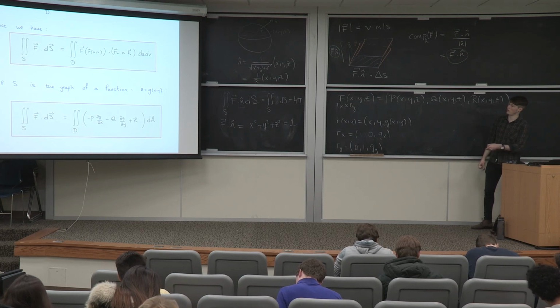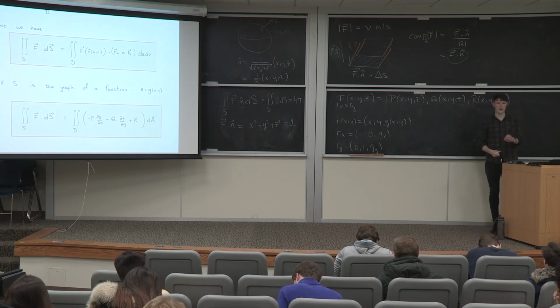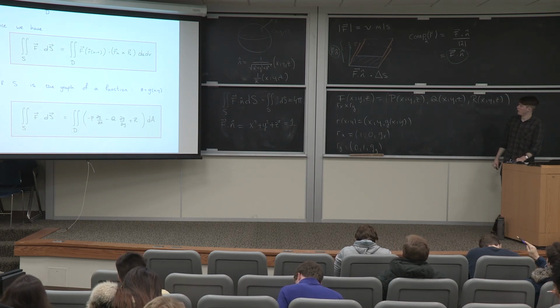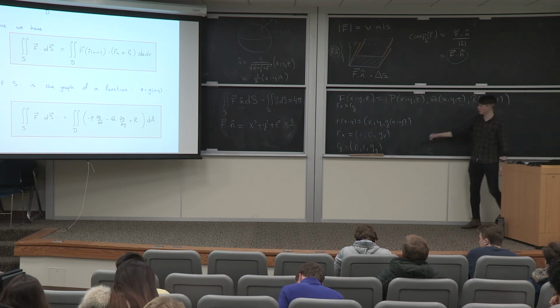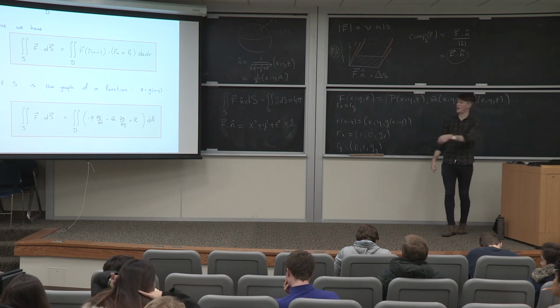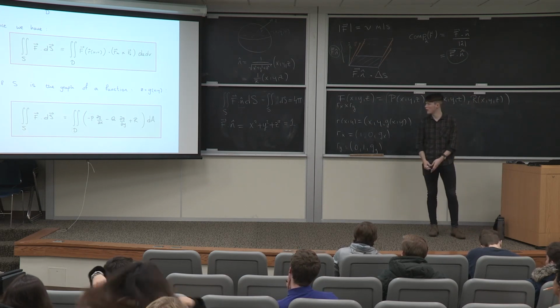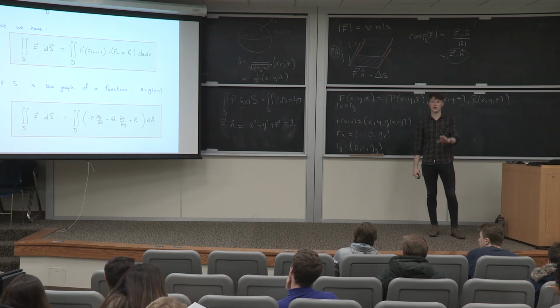So in these formulas, again, when you're integrating over D, you're going to have to replace z with g(x,y). So you're saying after you cross r_x and r_y, then you dot it. Dot product, exactly. Very good. You're going to arrive at this. Okay. Any other questions?